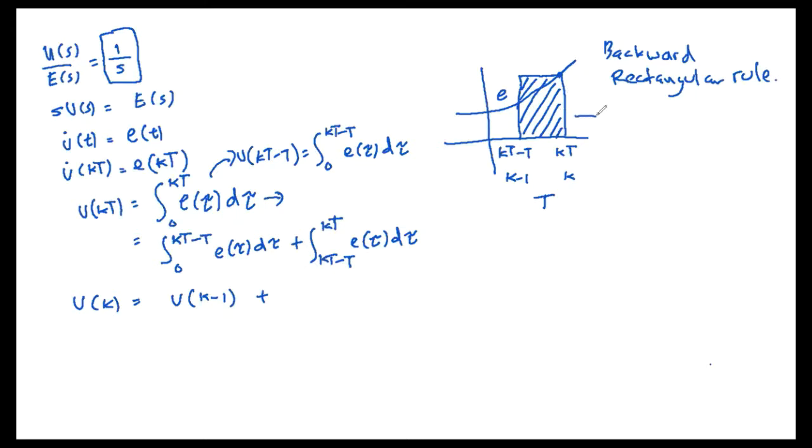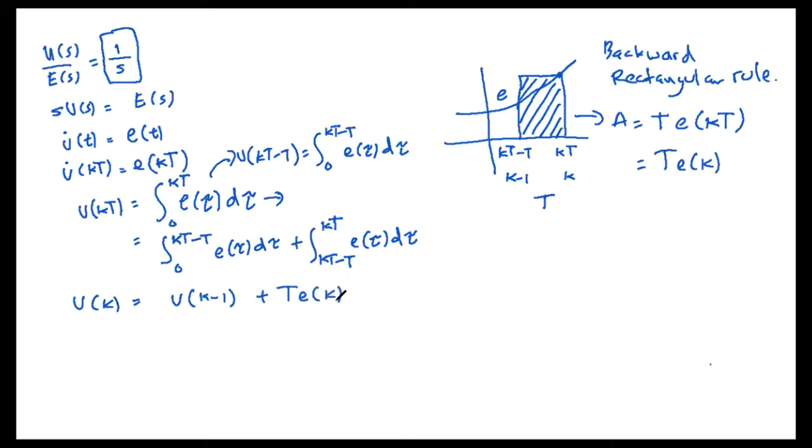So to compute this area, the equation is width times height. So the width is t and the height is e of kt, and this is also equal to t times e of k, similar to that. So now we bring this into our equation here. So u of k is equal to u of k minus 1 plus t times e of k.